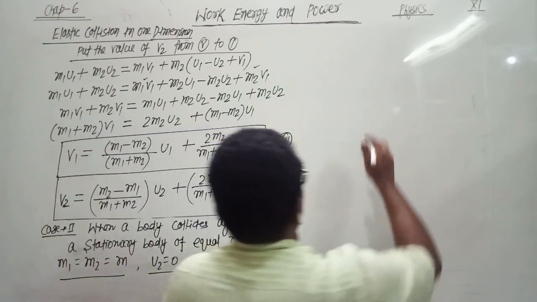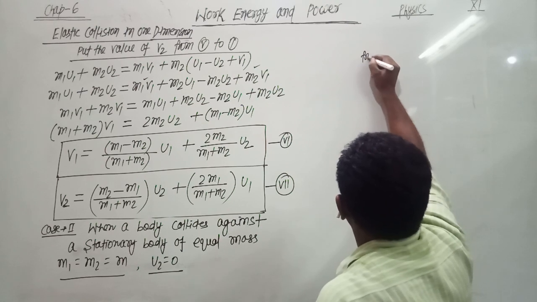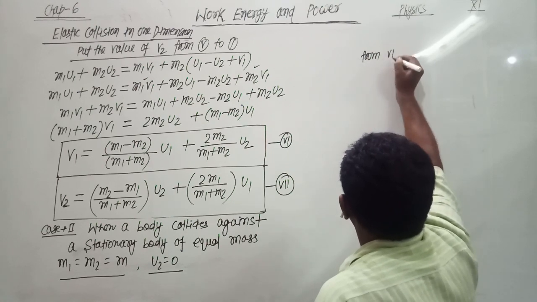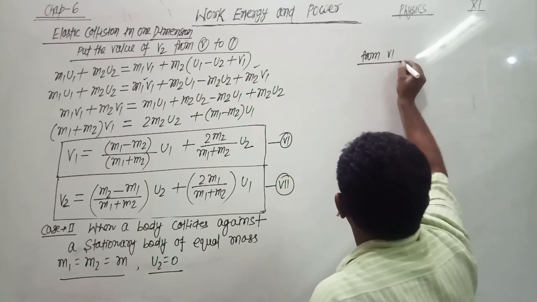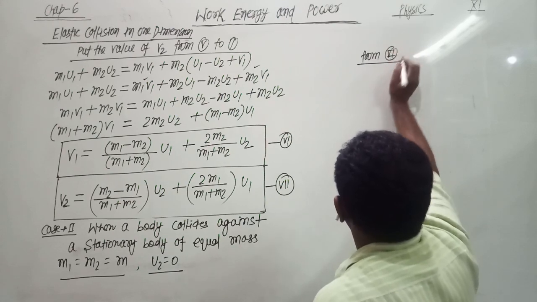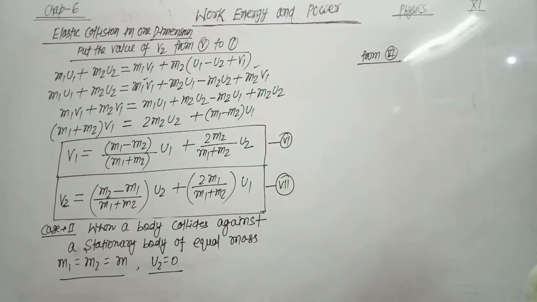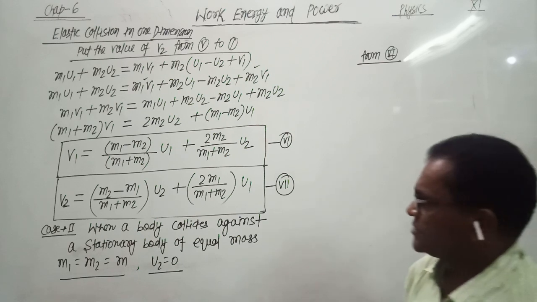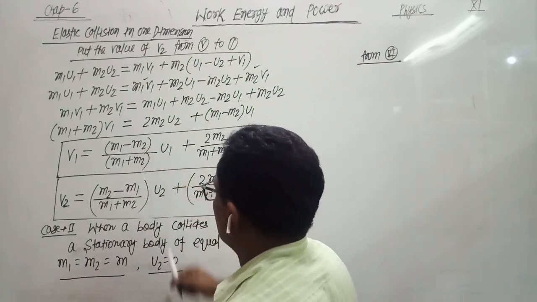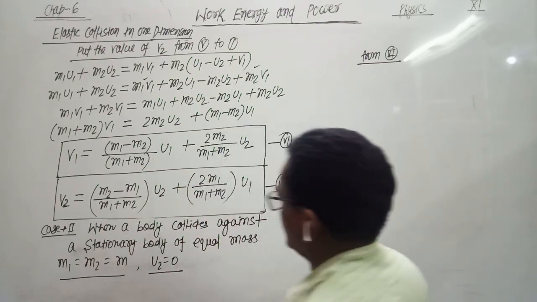So from equation number 6, we put the values m1 equals m2 equals m and u2 equals 0.